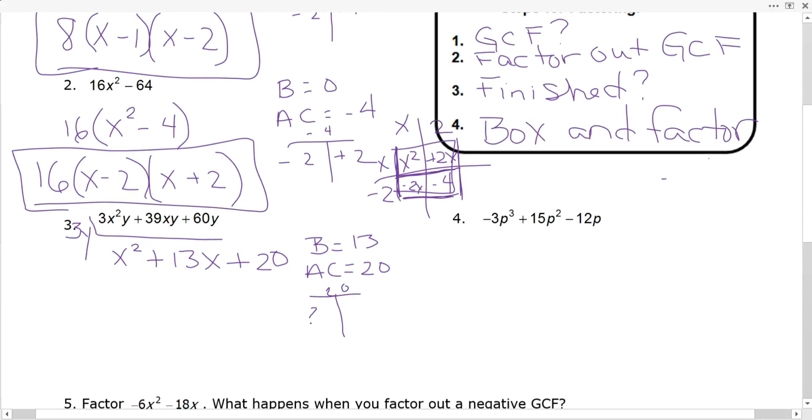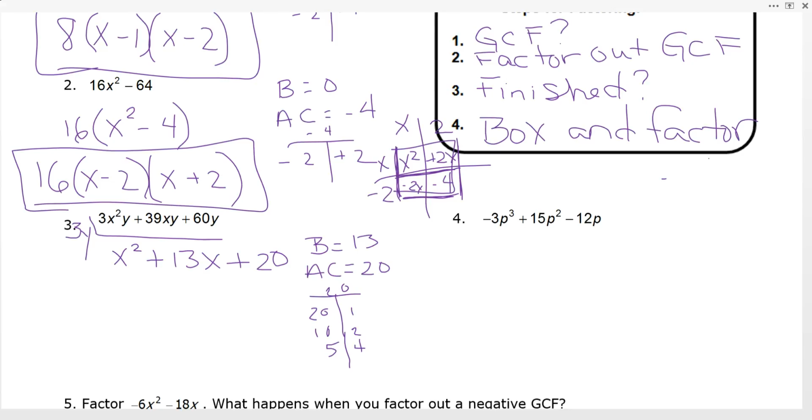Factors of 20 are 20 and 1, 10 and 2, 5 and 4, and that's it. So what did I do wrong? Because none of those add up to 13. Three goes into 39 13 times. 3 goes into 60 20 times.